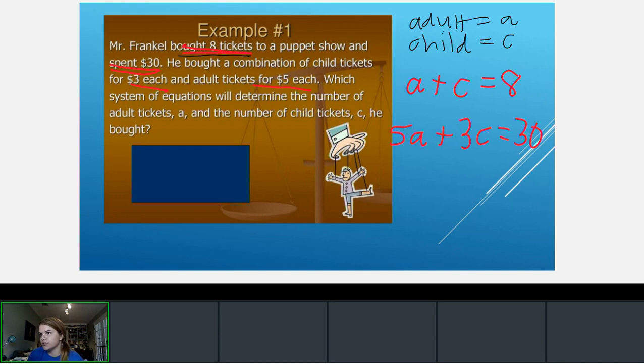Okay, so this would be our system of equations. We have our first equation that tells us the total number of tickets, adult plus child, equals the total, 8 tickets. And then we have $5 for every adult, $3 for every child ticket. The total cost of those tickets was $30. So for this first lesson, all you are working on is writing out the system of equations.